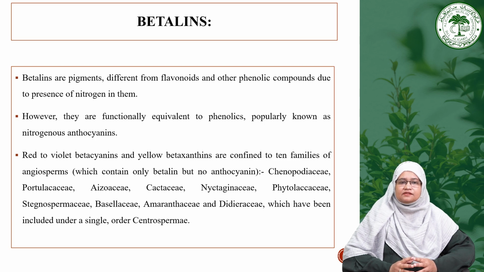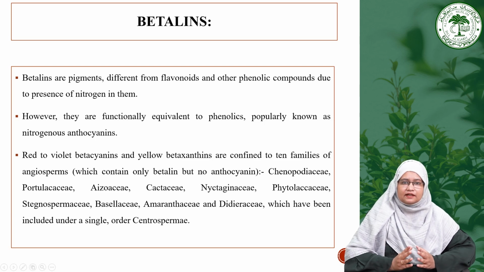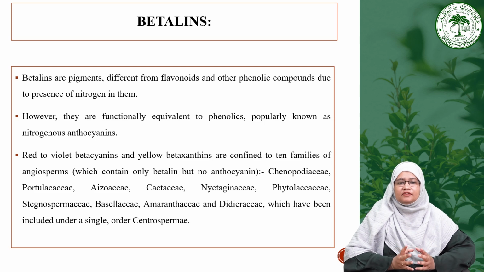The red to violet betacyanins and yellow betaxanthins are confined to 10 families of angiosperms which contain only betalain but no anthocyanin, like Chenopodiaceae, Portulacaceae, Aizoaceae, Cactaceae, Nyctaginaceae, Phytolaccaceae, Stegnospermaceae, Basellaceae, Amaranthaceae and Didiereaceae, which have been included under the single order Centrospermae. So you can see here, just because of the presence of these betalains, these 10 families are confined to the single order, the Centrospermae.